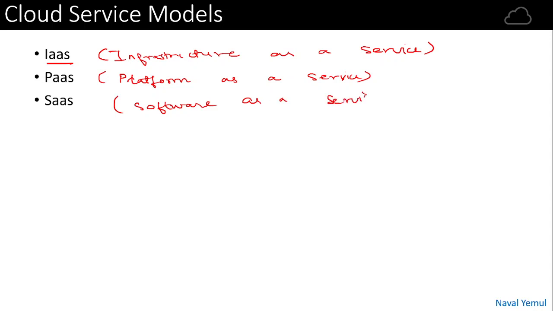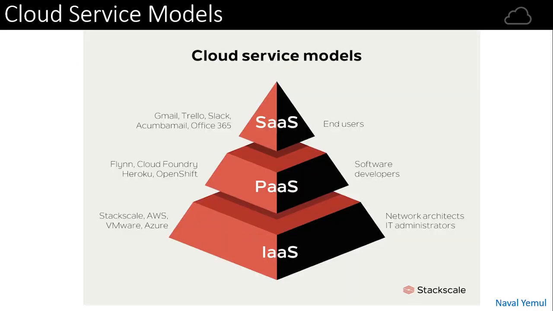To understand the difference between infrastructure as a service, software as a service, and platform as a service, I'll give you a simple example. If you want to set up your own virtual machine in the cloud, that can be considered infrastructure as a service. If you are setting up a SQL database on cloud, that can be an example of platform as a service.